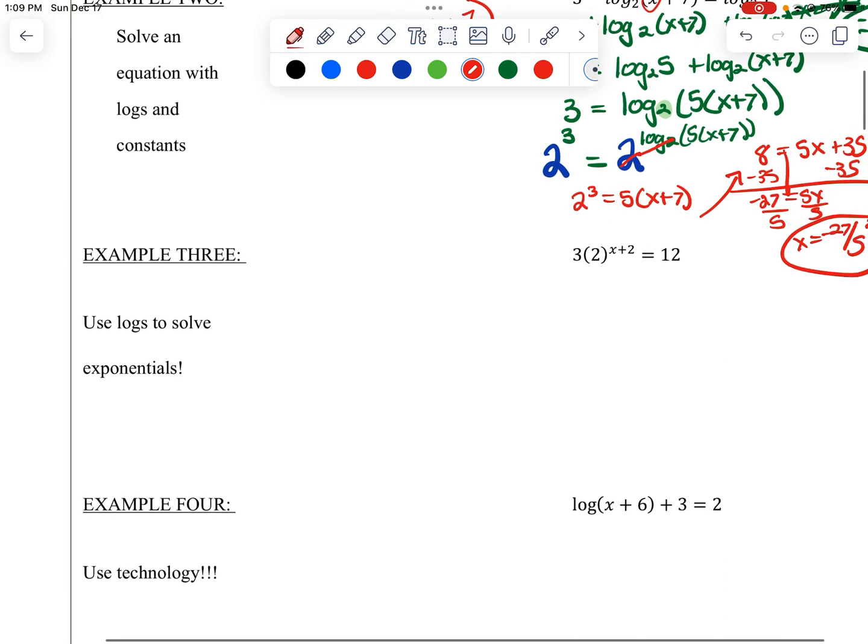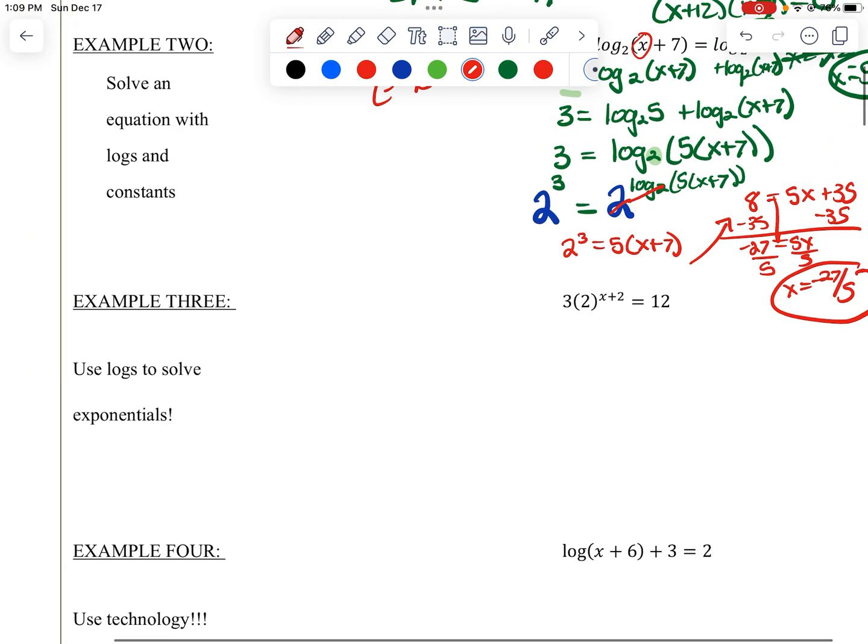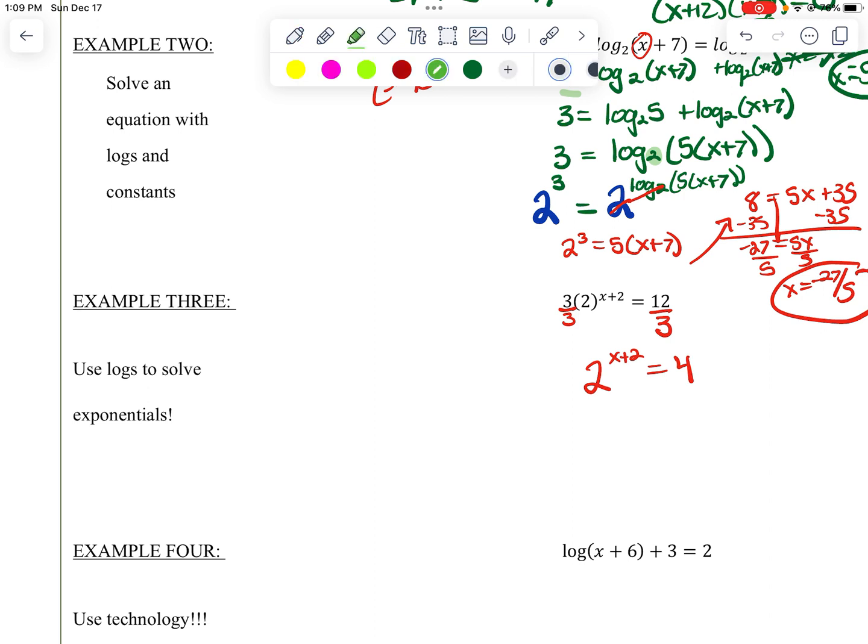All right, example 3, using logs to solve. Okay, so let's see. Divide each side by 3. So I have 2 to the x plus 2 equals 4. So what undoes an exponent is a log, but what would our base have to be on this one? This is base 2.